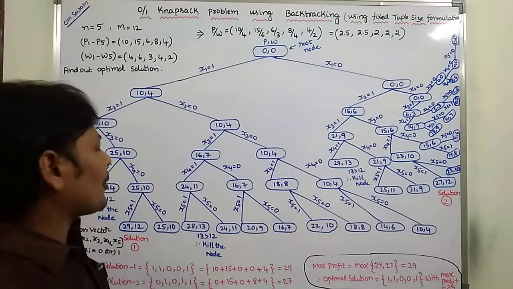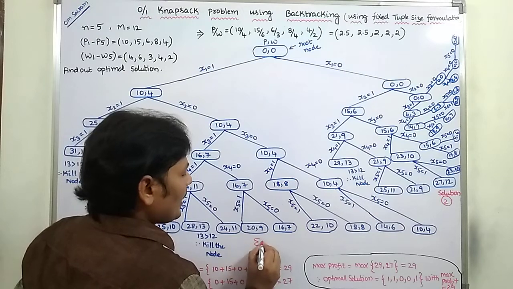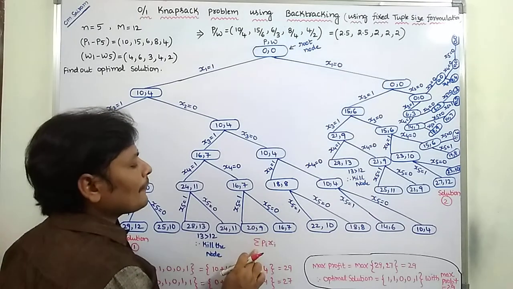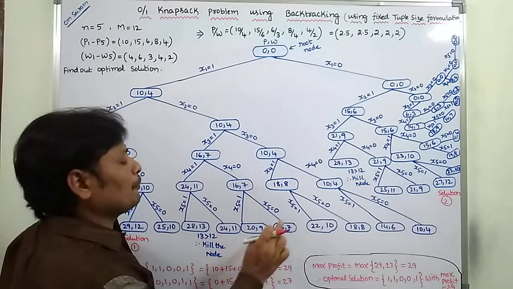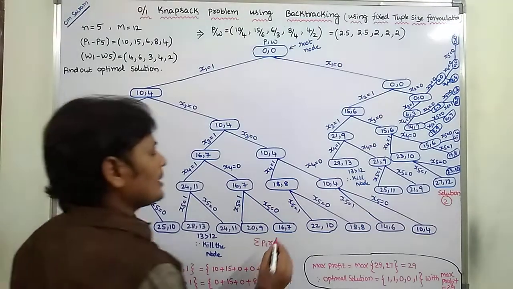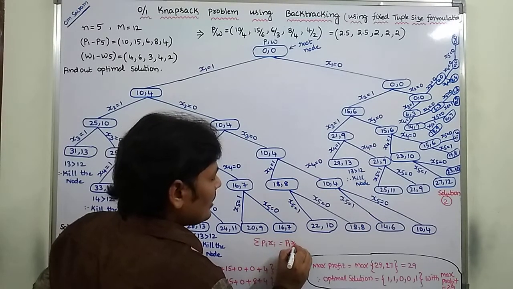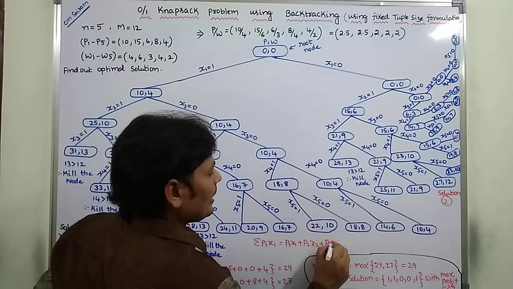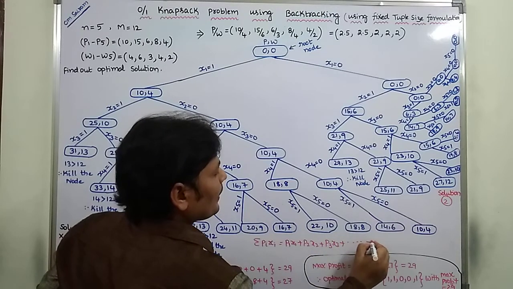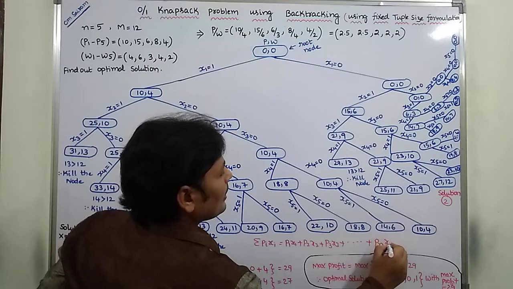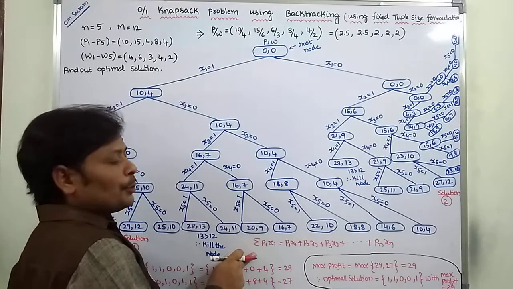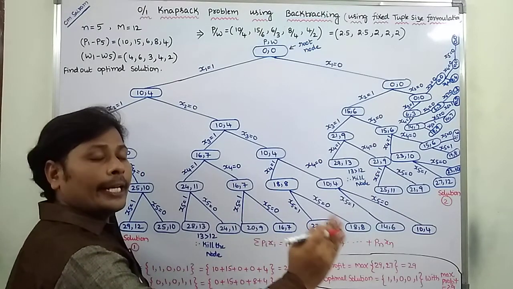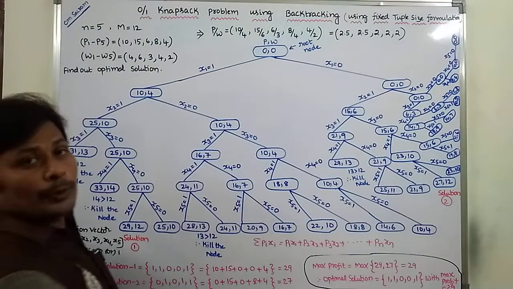The maximum profit is sigma pi xi, the sum of the profits of the objects put into the knapsack, that is P1 x1 plus P2 x2 plus P3 x3 up to Pn xn. Our objective is to maximize the profit of the objects placed into the knapsack with respect to the weights.